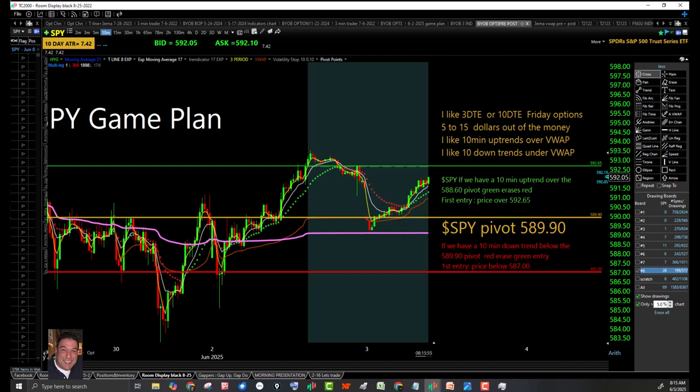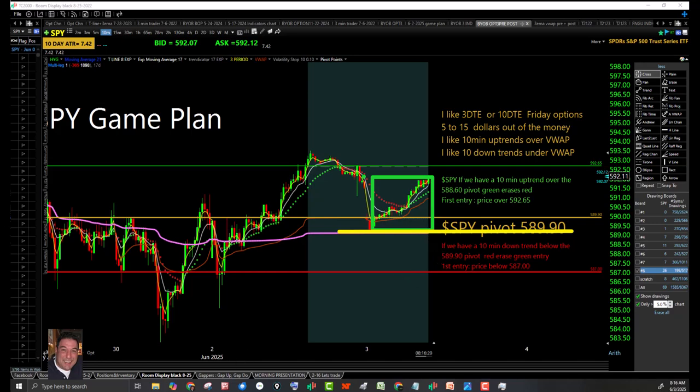So if I see price come in and take out this low where we got a 10-minute downtrend under VWAP, right below this line, and we're under VWAP, I will most likely take a short trade to the downside.